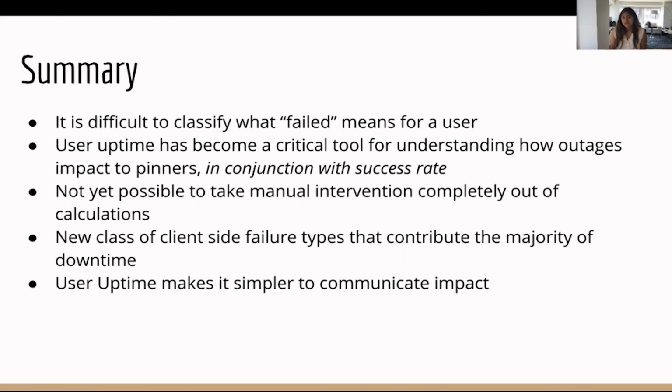We have found that it's not yet possible to take manual intervention completely out of the uptime calculations that we report. We can get a pretty good estimation through that automated offline report that I mentioned and through our real-time metric.